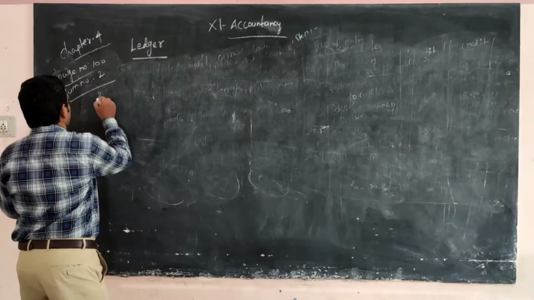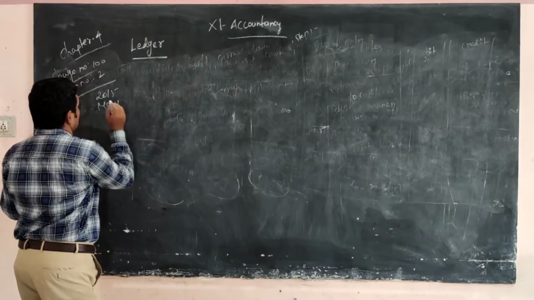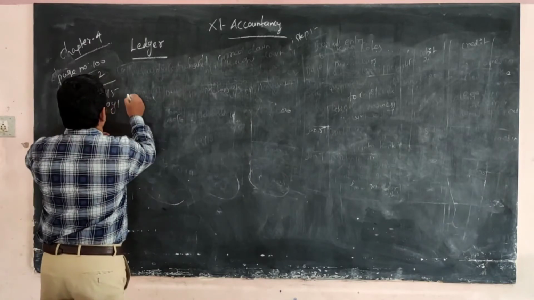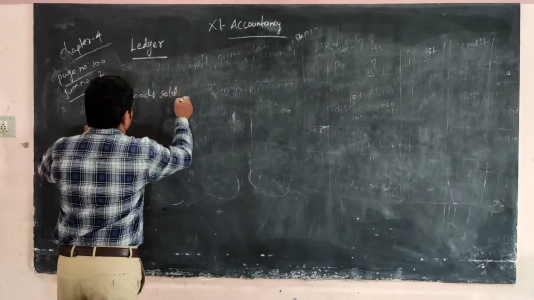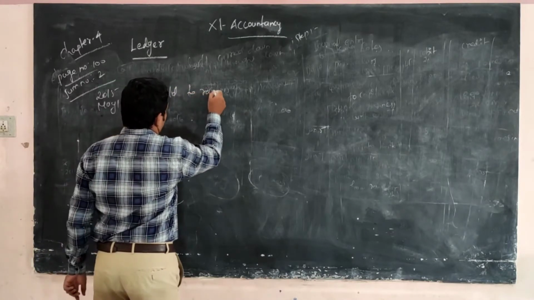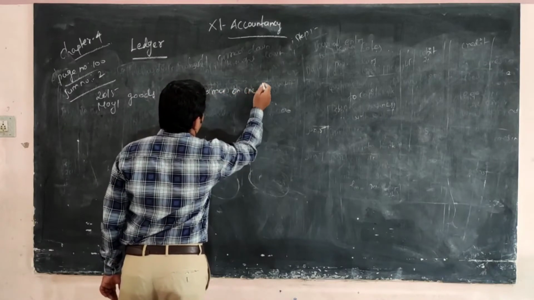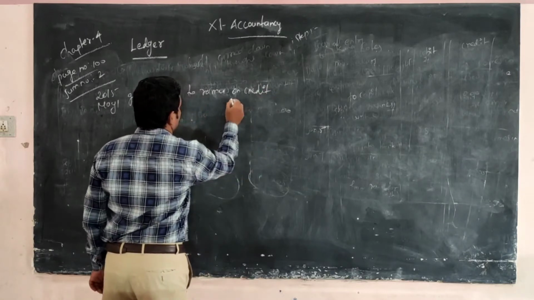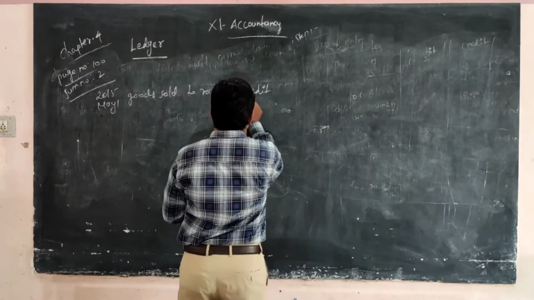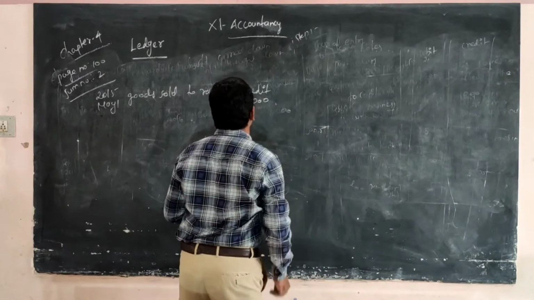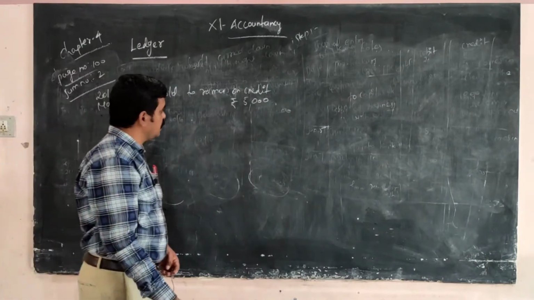May 1, 2015. Goods sold to Ramu on credit, rupees 5,000.